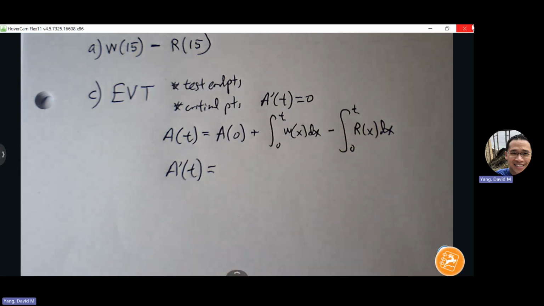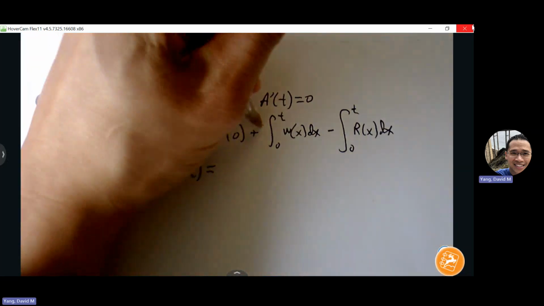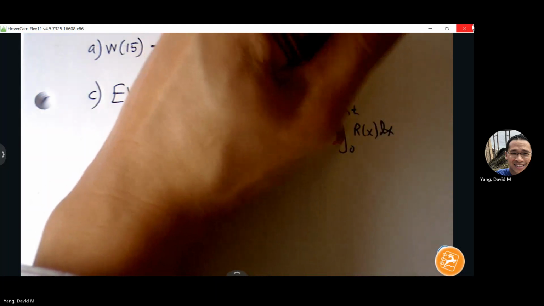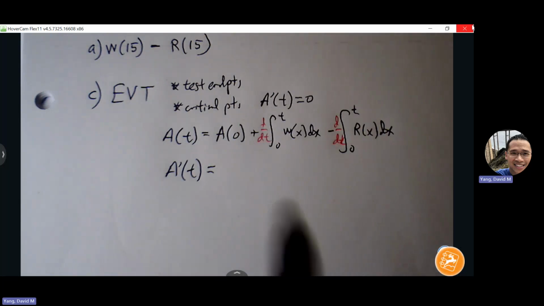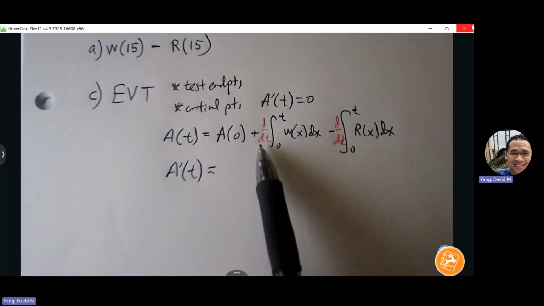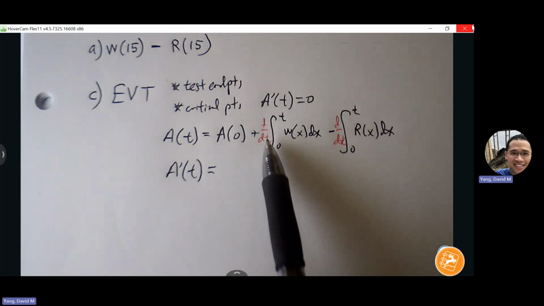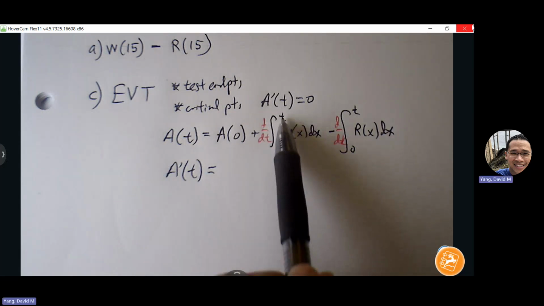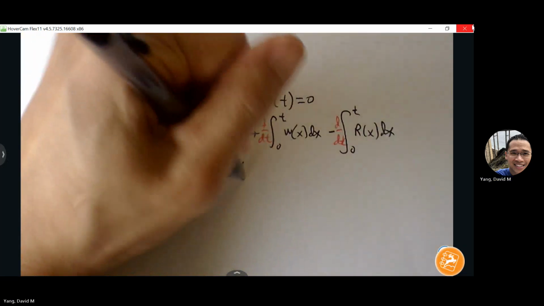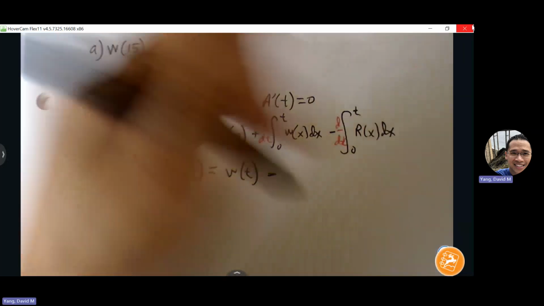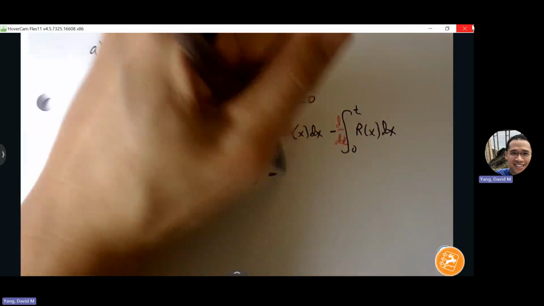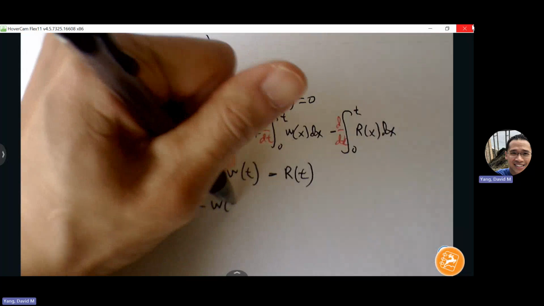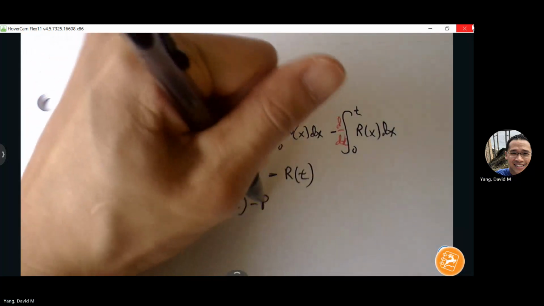Derivative, 0. And then if I want to find the derivative of this, it's going to happen if I have a derivative on top of an integral of a function. They cancel out, I'm just left with W of, yeah, good, W of t. And then minus, this is what? R of t. So we just want to figure out when is W of t minus R of t equal to 0.